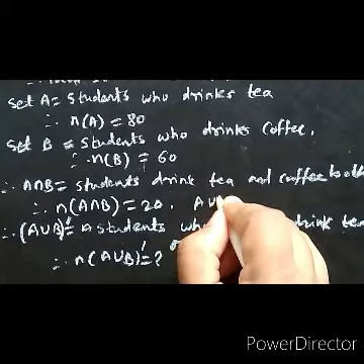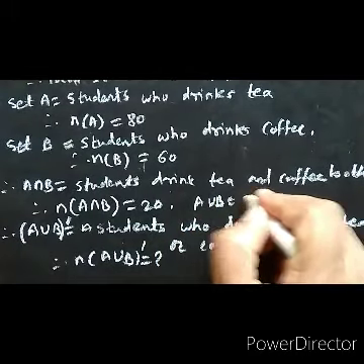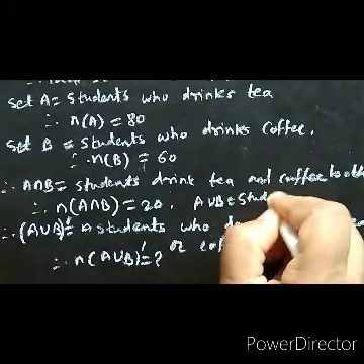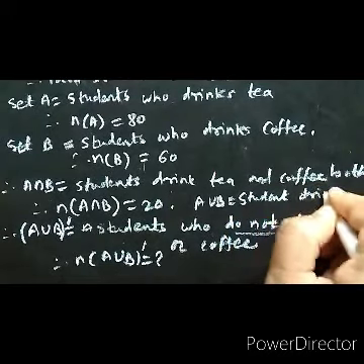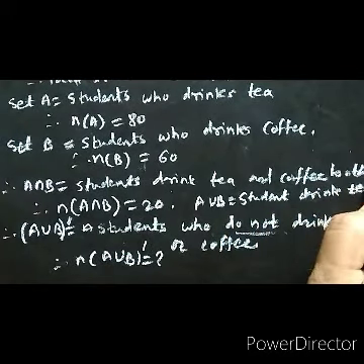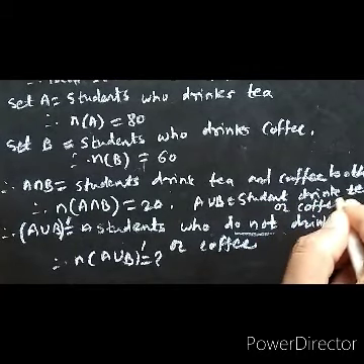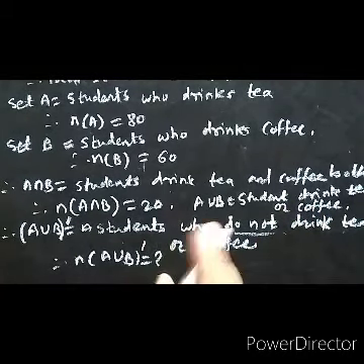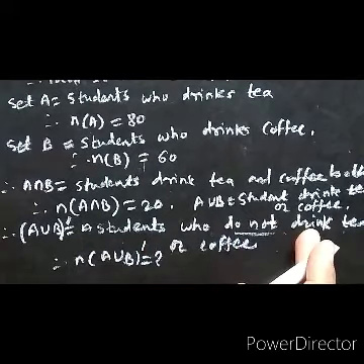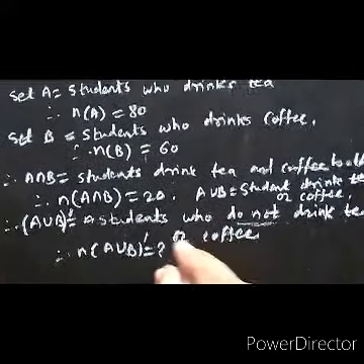A union B means students who drink tea or coffee, and its complement means who do not drink tea or coffee.